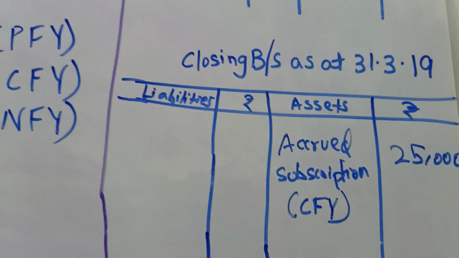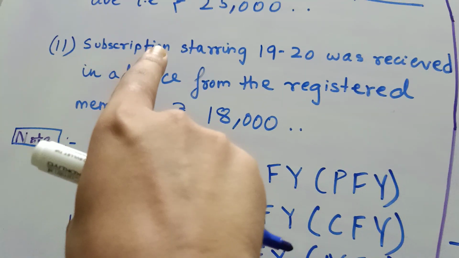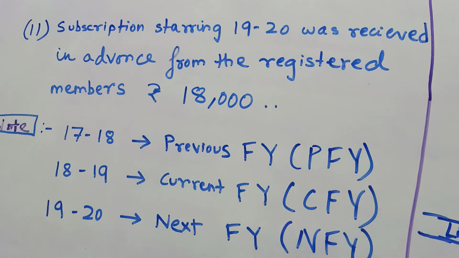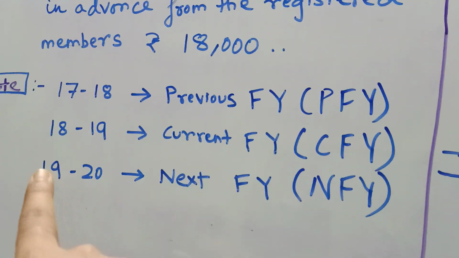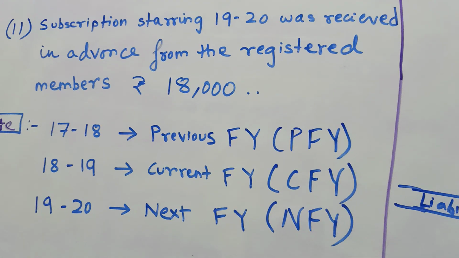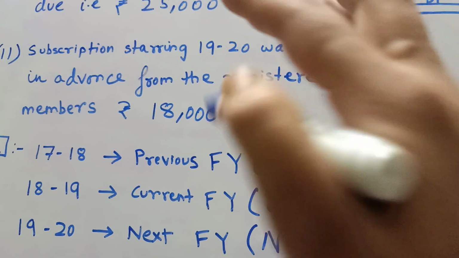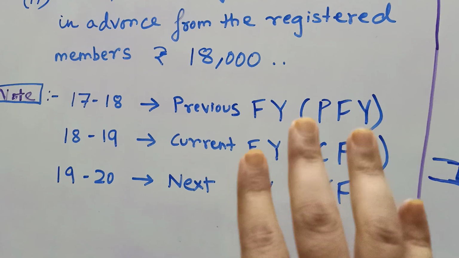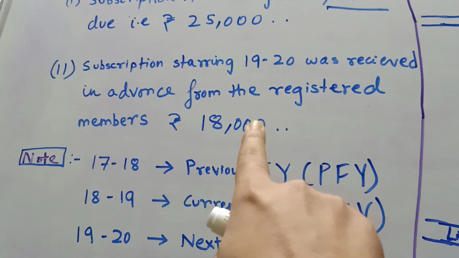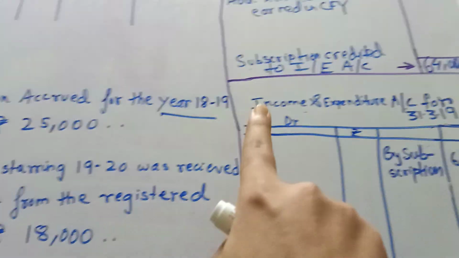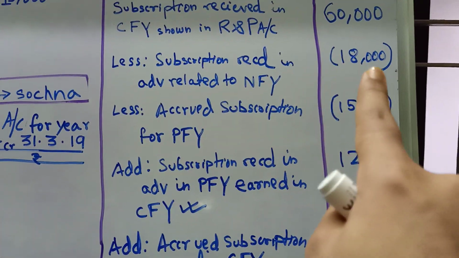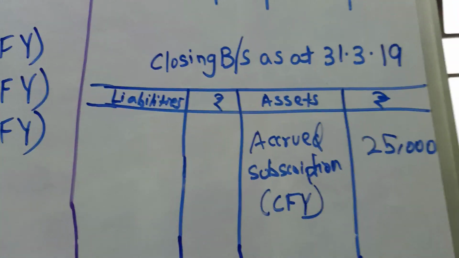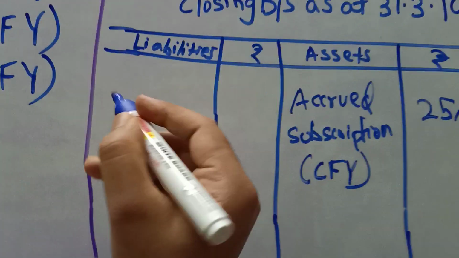Okay, and the last item is basically, you can see this subscription for 1920 which was received in advance. So this 18,000 was received in advance for the next financial year 1920, which has not yet come. Hence, as a result, the service against this 18,000 would be provided in the next financial year 1920. So until then, this shall be considered as a liability, and that's the reason for which this 18,000 was deducted, and now it shall find its place as a liability in the closing balance sheet as at 31st March 1919.